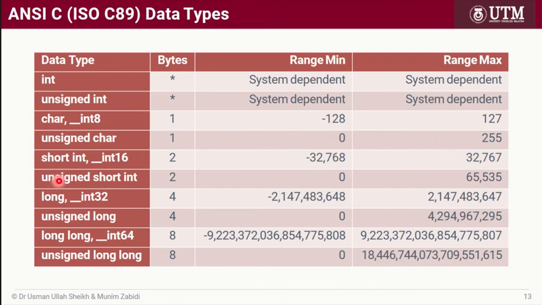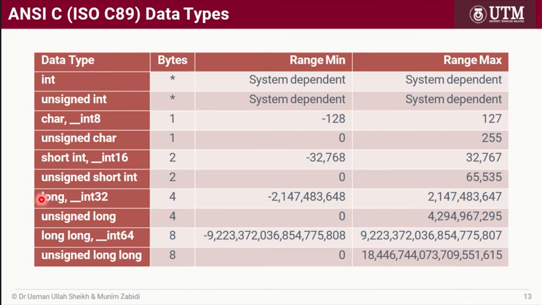And if you're going to use an unsigned number of 2 bytes, by using the unsigned short int data type, this starts from 0 until 65,535. This is the maximum value. If you convert to hexadecimal, it is 0000 until FFFF.